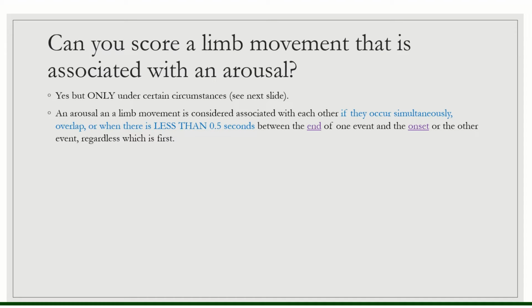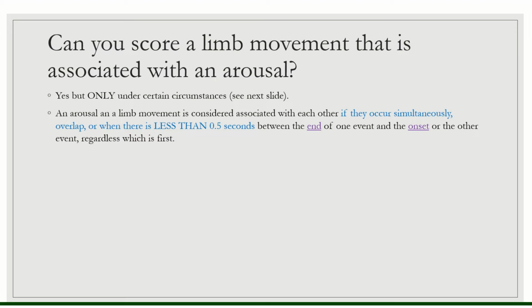How do we know something is associated? An arousal and a limb movement are considered associated with one another if they occur at the same time, which is what simultaneously means, if they overlap, or if there is less than half a second between the end of one event and the onset of another event, regardless of which is first. That's how we determine whether or not they're considered associated.